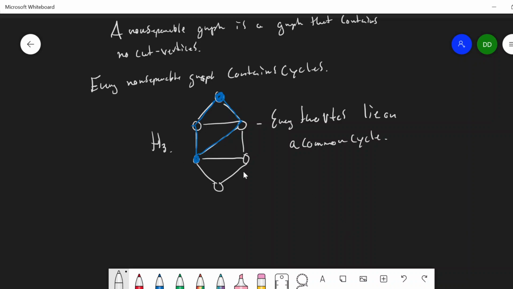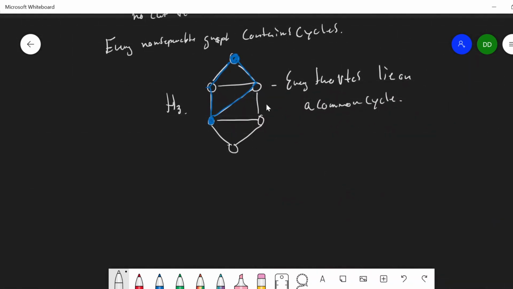Now maybe this graph is a special non-separable graph that has this property. What are some other non-separable graphs? If I think this is true for all non-separable graphs and I want to come up with a counterexample, to see what could go wrong, I want to think of a graph that has the smallest number of edges and is still non-separable.